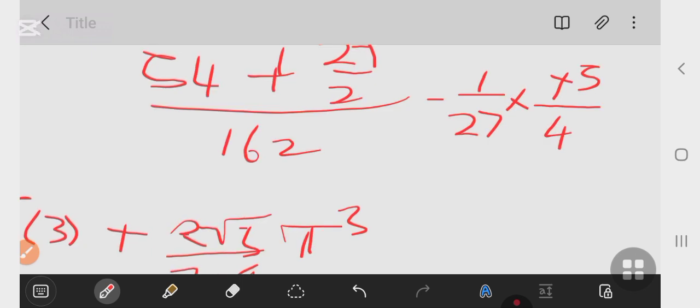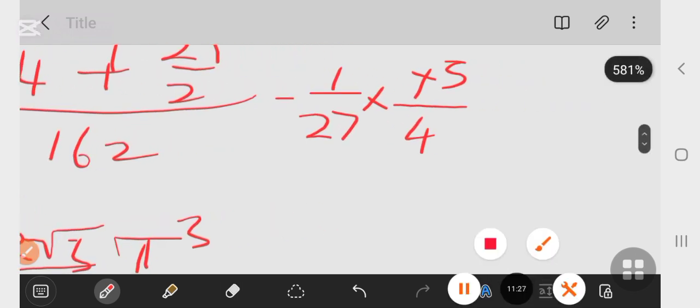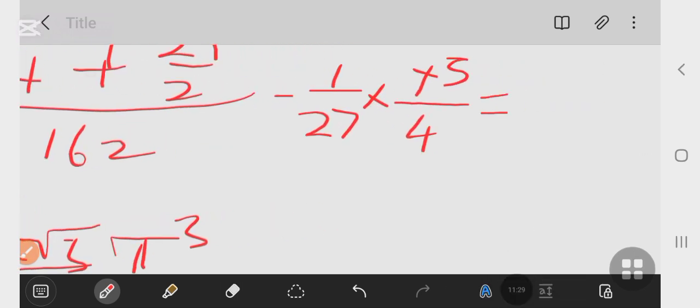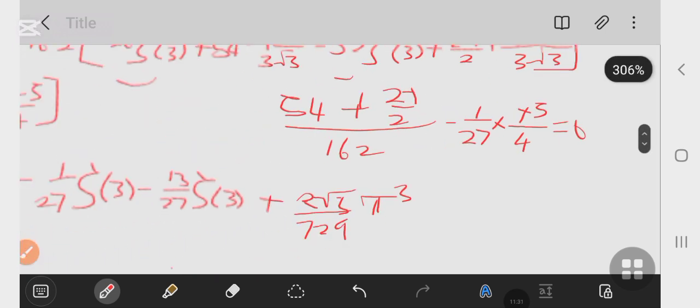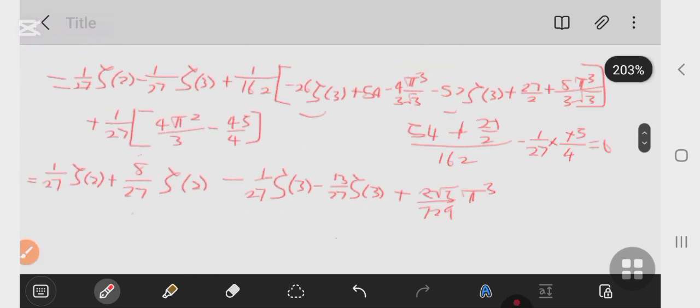This gives me 0. So the other constant terms cancel out here.